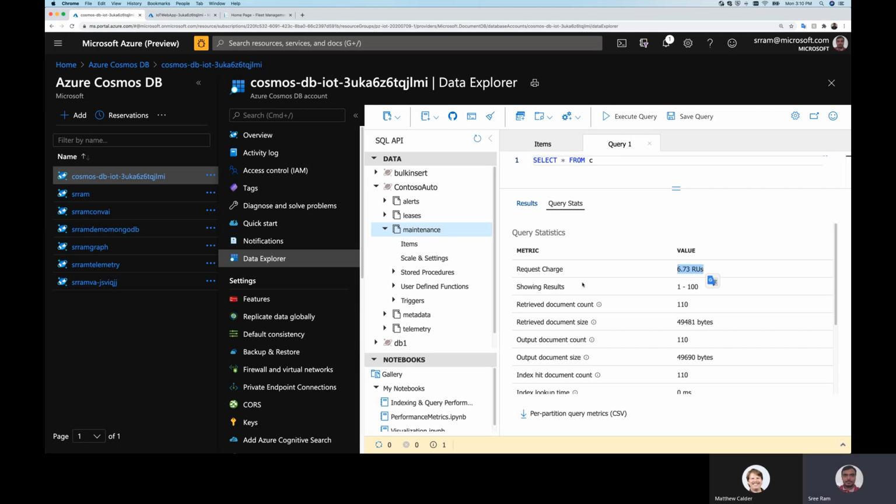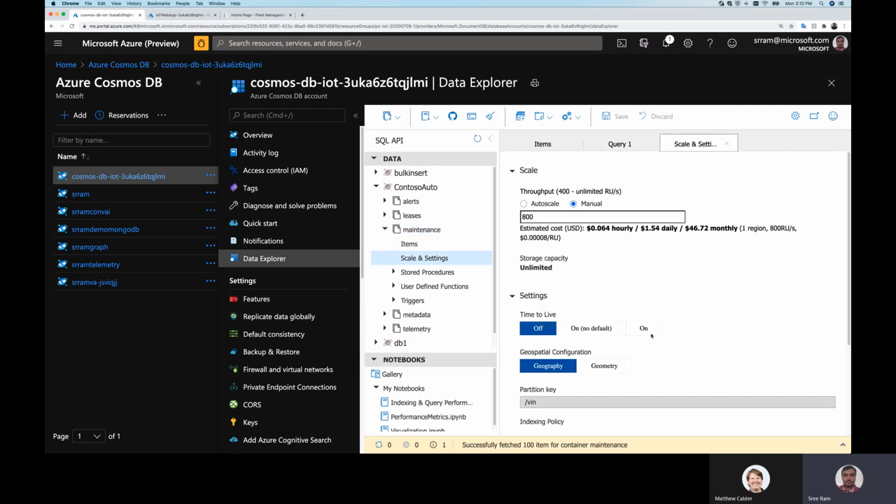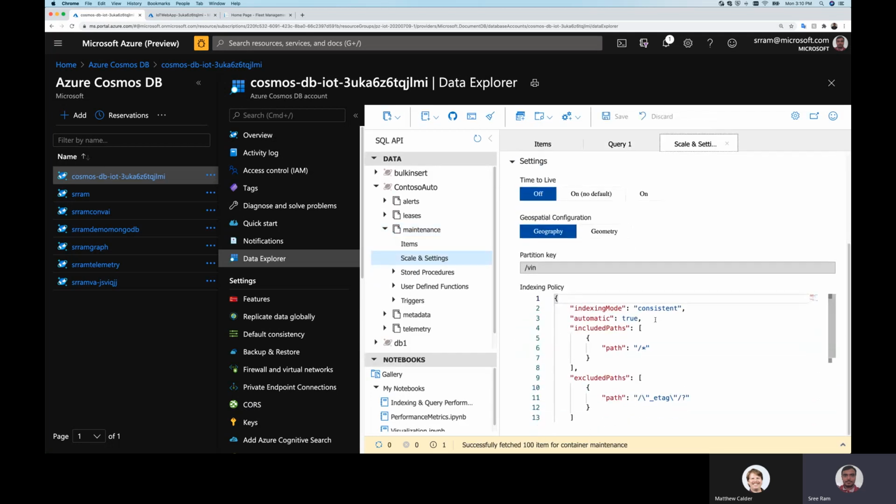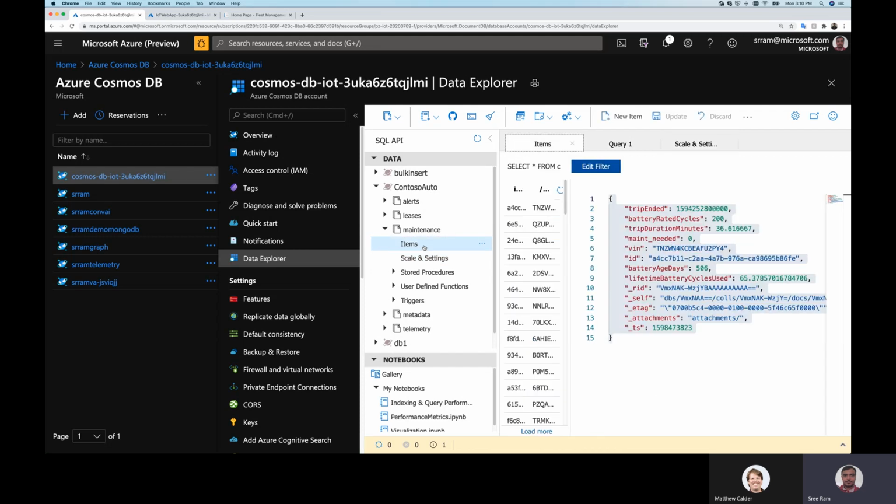Okay. And let's say, instead of this, we will actually go into a concept called partition in a little bit. But for now, let's say the partition column on this is win. Let's say we go and query on a win number. So for example, let's say I go and query on this win number.